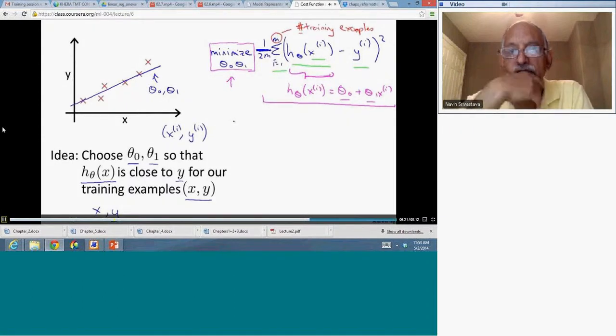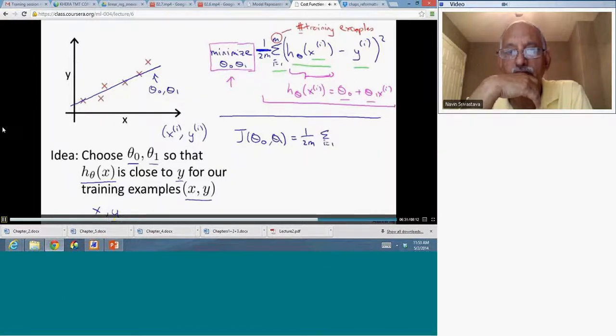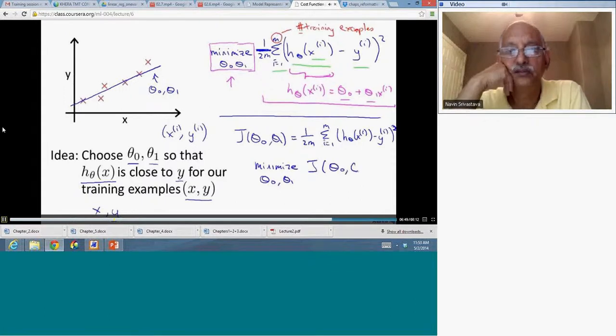A bit more cleanly, by convention, we usually define a cost function.